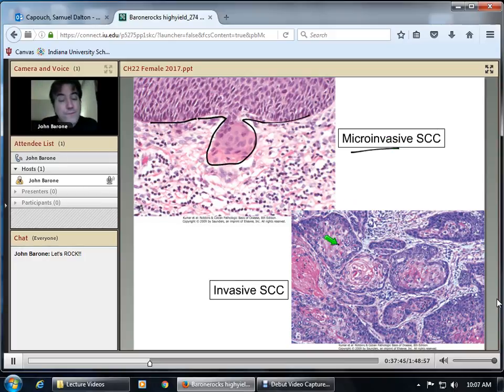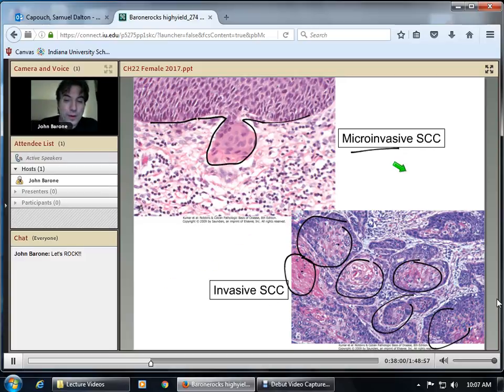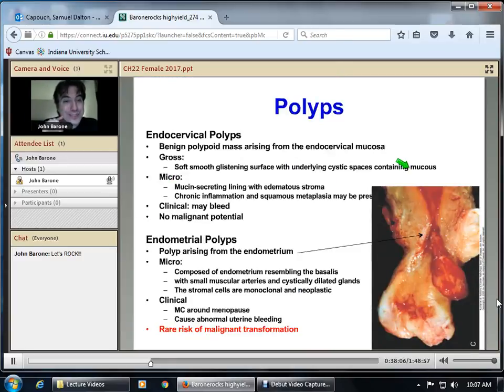But once it's fully invasive, where you see nests of keratin pearls invading all the way through, you need a hysterectomy. So that's the key decision point. Once it's fully invasive, hysterectomy. Before that, local therapy. All right, I think you guys got cervical tumors down cold, very high yield.